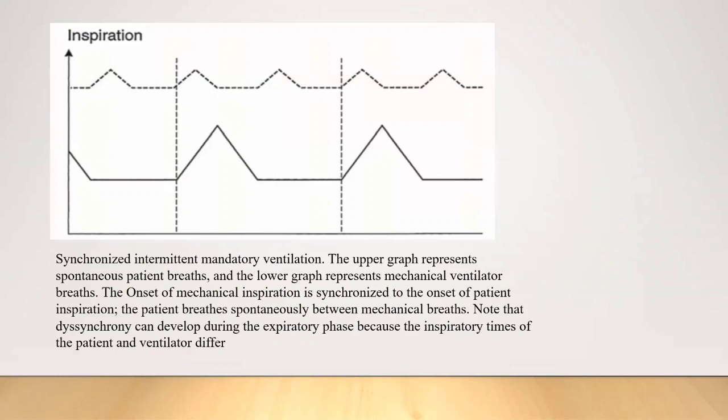The onset of inspiration is synchronized with the onset of the patient's breaths. The patient breathes spontaneously between the machine breaths. If you try to overlap these two figures, you can see some breaths in between the machine breaths. But you can see those are small ones. Those are patient breaths.